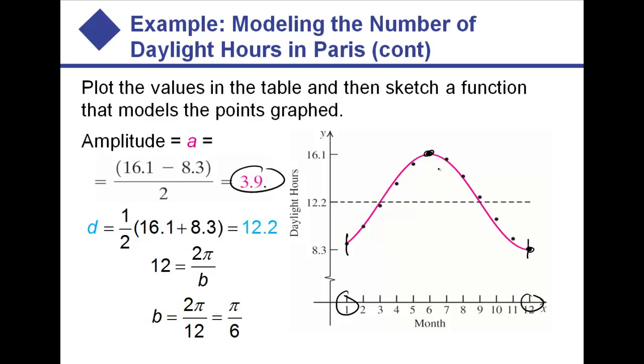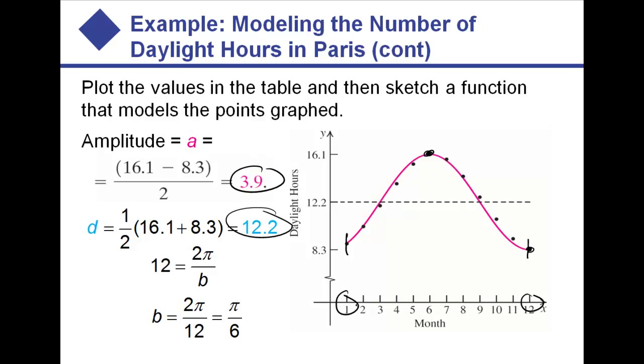The midpoint of our amplitude, because we know with sine functions we get equal distance above and equal distance below whatever our axis is. You kind of think of it as an axis of symmetry. So it's going to be halfway in between the max and min. So max plus min, right, divided by 2, we're taking the average of those two numbers, and we get 12.2 as our new horizontal axis.